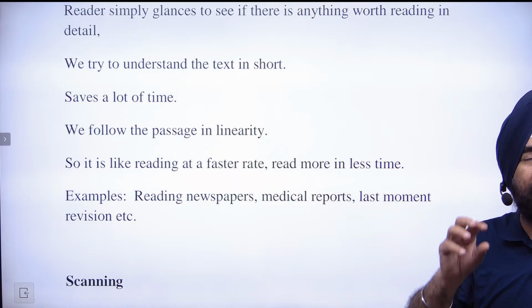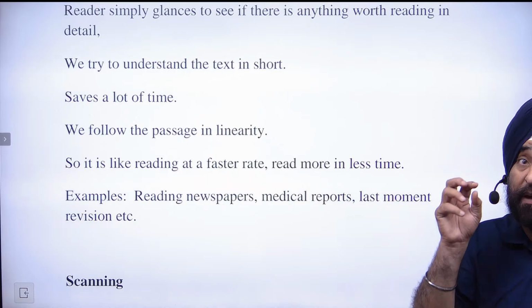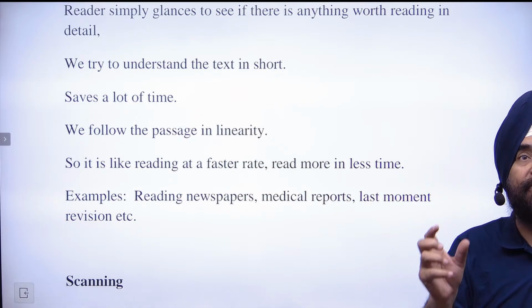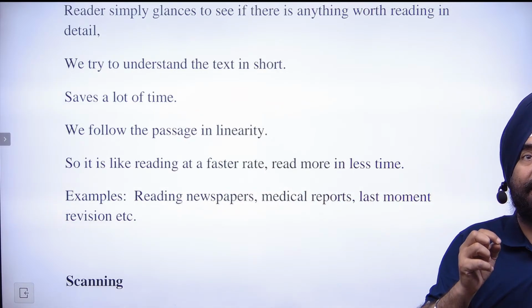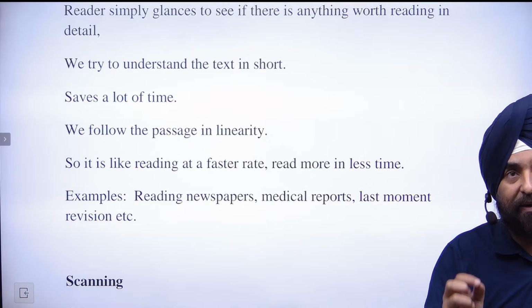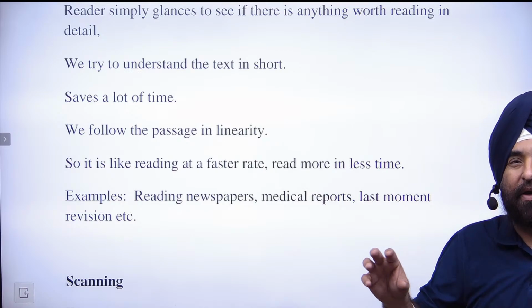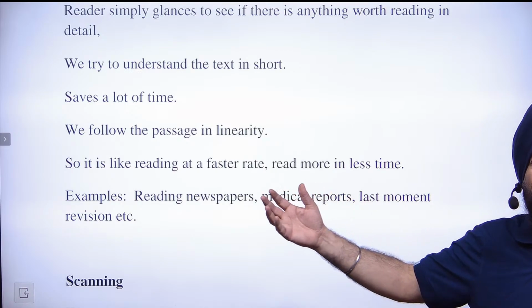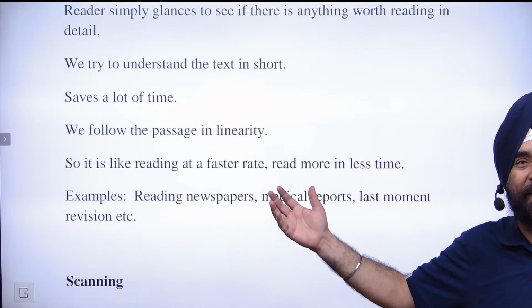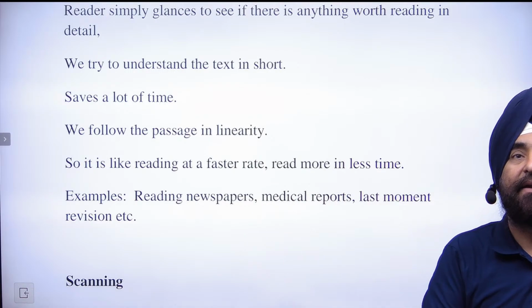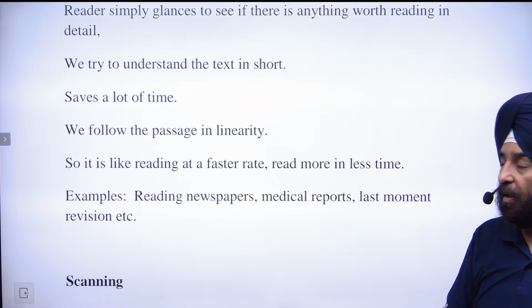We rarely read deeply, except for a few articles we may be interested in, or headlines that are really important for us. Generally, we skim through the news and get an idea that this news is about some incident that has taken place somewhere. So we follow the skimming method in our daily lives when reading a newspaper.